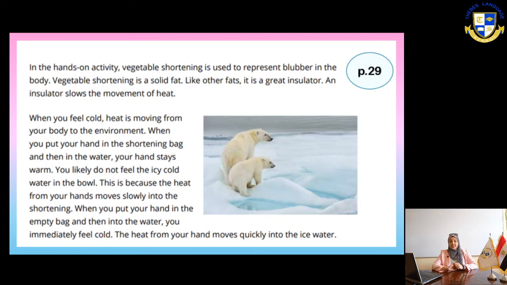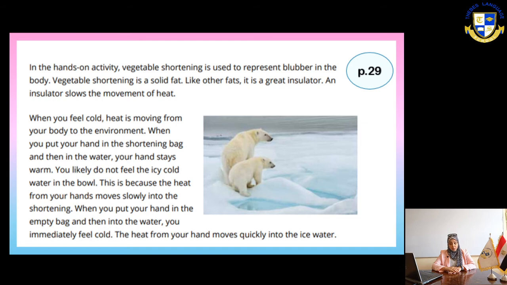Now let's read it together on page 29. In the hands-on activity, vegetable shortening is used to represent blubber in the body. Vegetable shortening is a solid fat like other fats. It's a great insulator. Insulator means it prevents the heat from reaching, okay? An insulator slows the movement of heat.